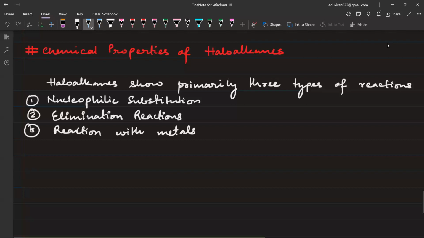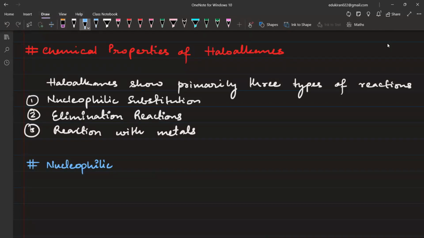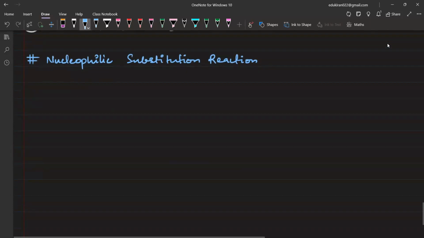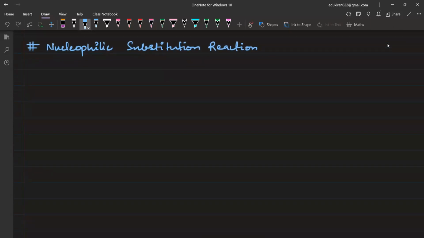Please write the heading: nucleophilic substitution reaction. So in this reaction, basically what will happen?